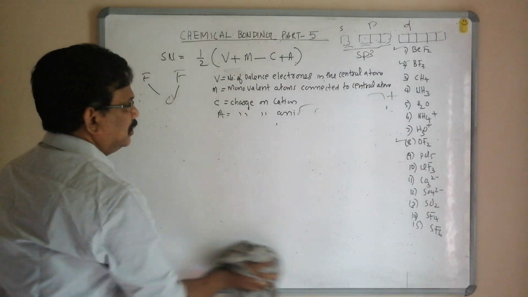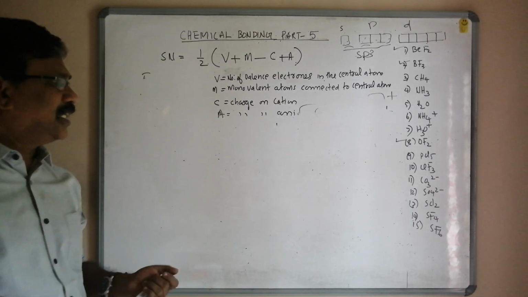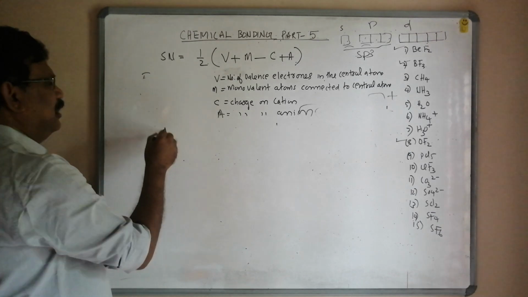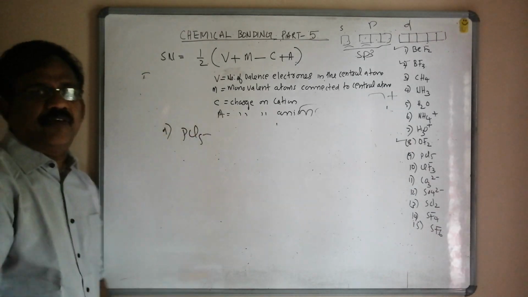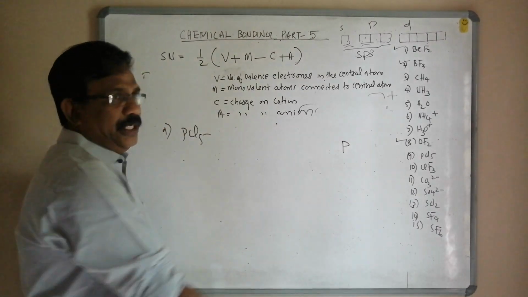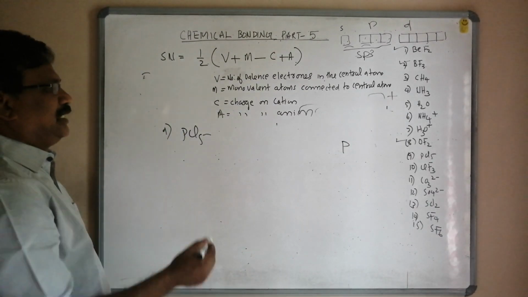Next, PCl5. We already discussed that PCl5 molecule. A neutral molecule PCl5, 9th molecule. So how many hybrid orbitals are present around phosphorus?